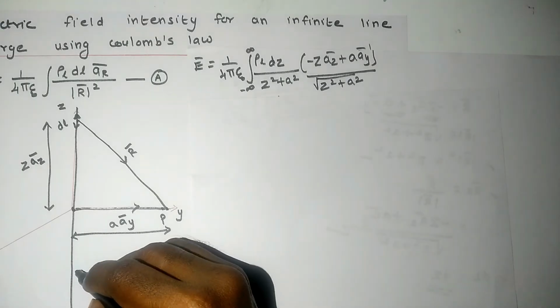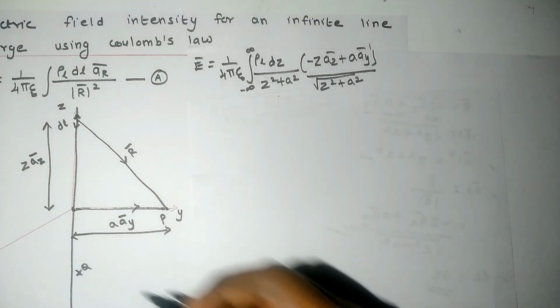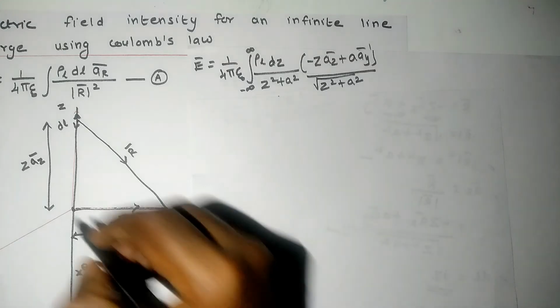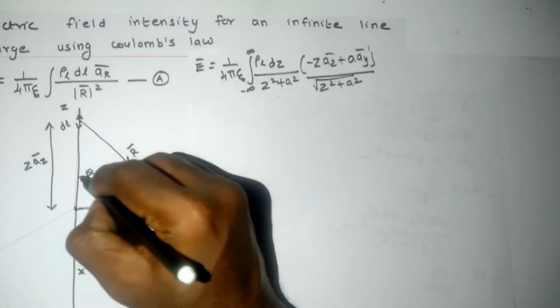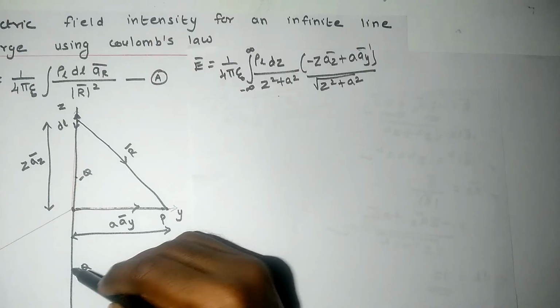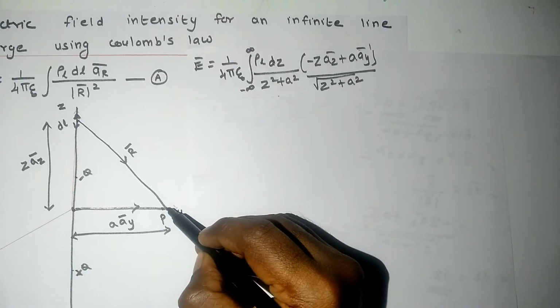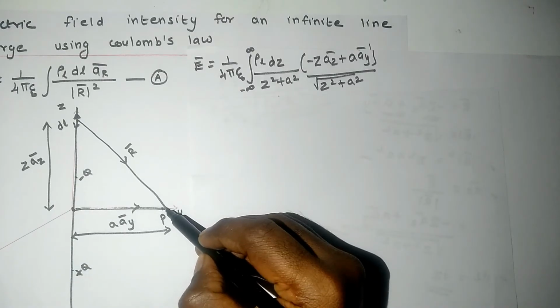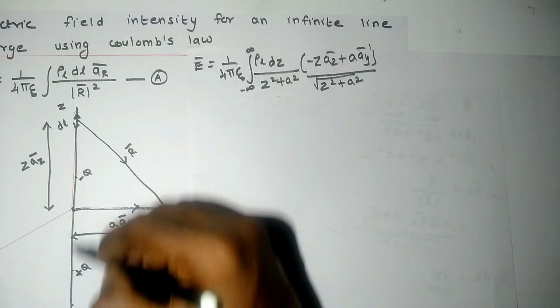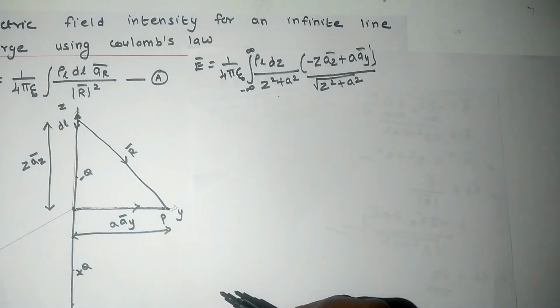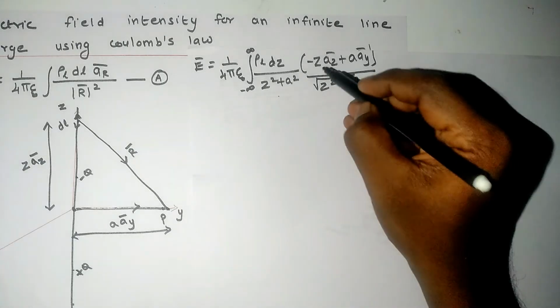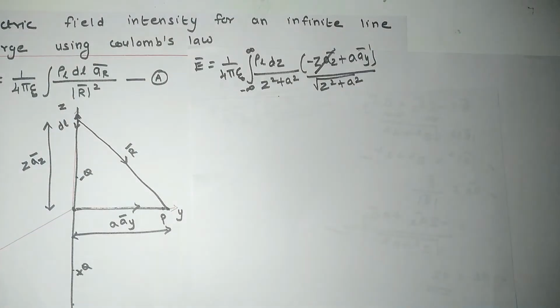That is, if there is a charge plus q at this point, there will be an equal and opposite charge minus q at this point. So the net effect at this point will be 0. So we can say that this line charge is symmetrical about z axis. So we can avoid this z component.